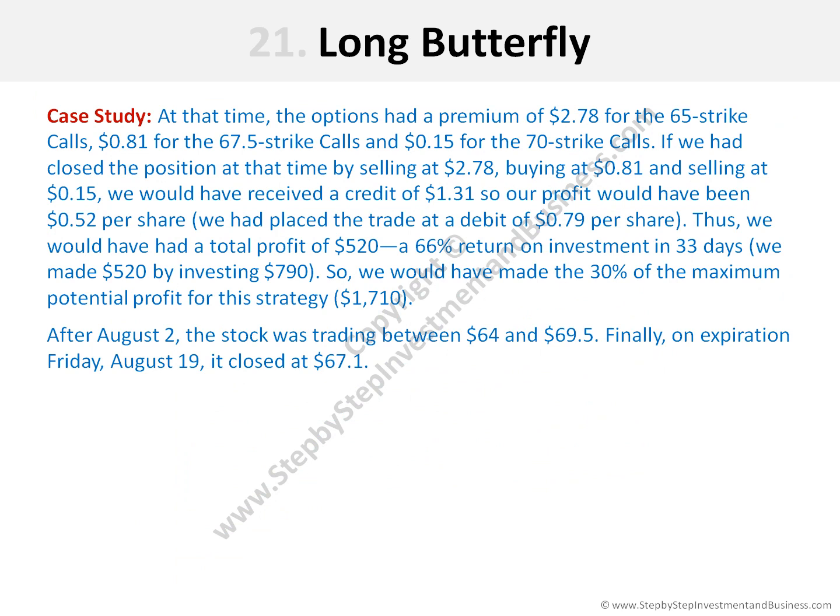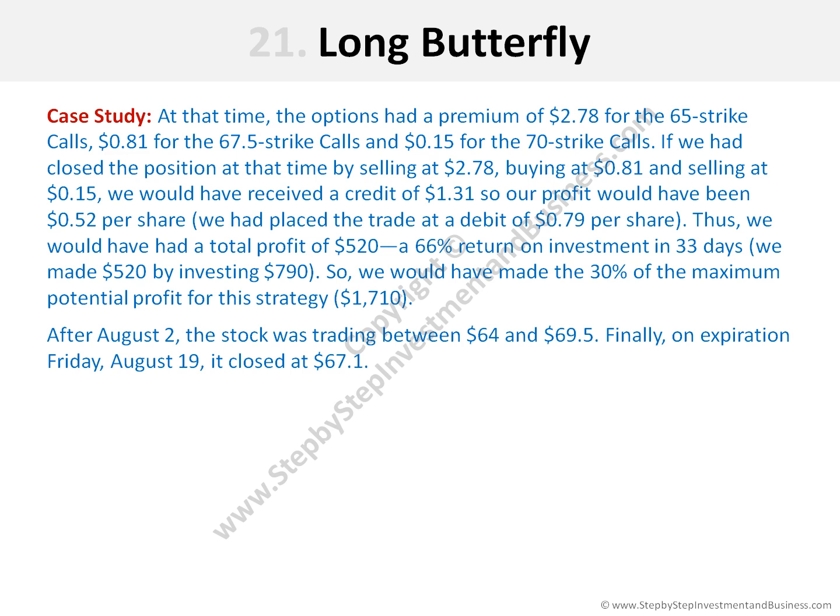If we had closed the position at that time by selling at 2.78, buying at 0.81, and selling at 0.15, we would have received a credit of $1.31, so our profit would have been 52 cents per share, because we had placed the trade at a debit of 79 cents per share.